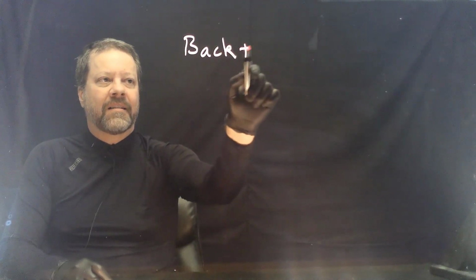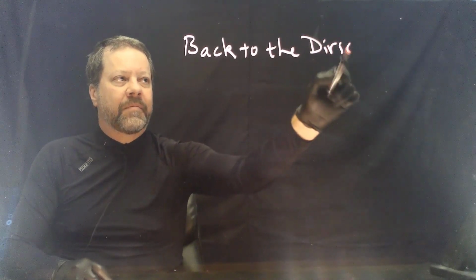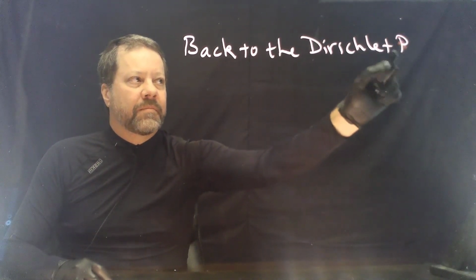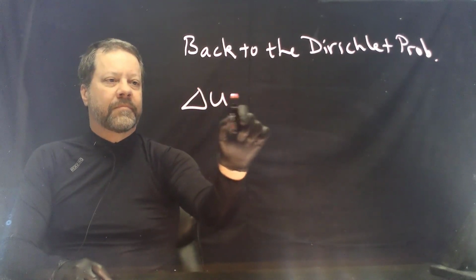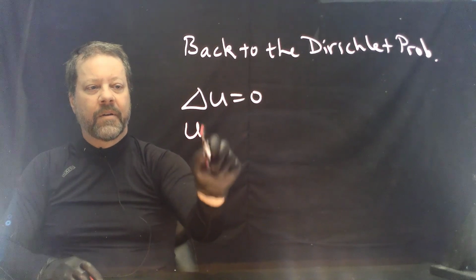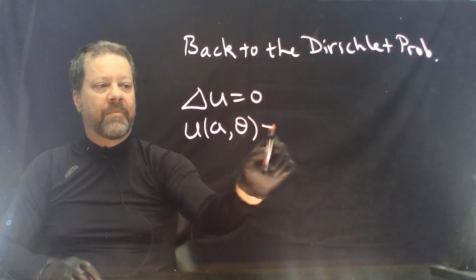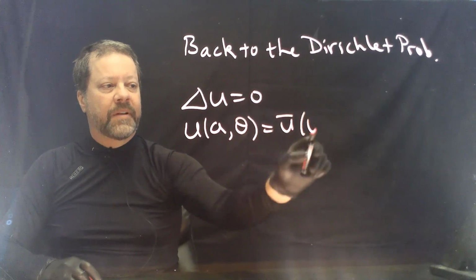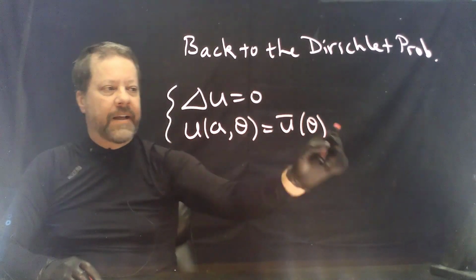This brings us back to the Dirichlet problem. We are going to assume that the boundary data depends only on the colatitude angle, theta.